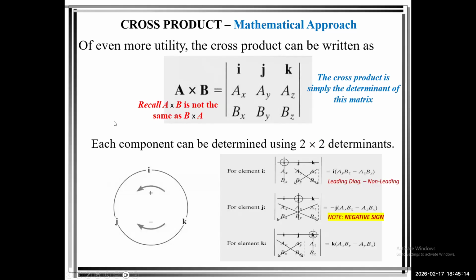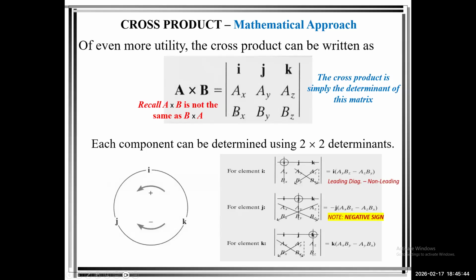So here now we come up with a cross product mathematical approach. In order to utilize your cross product, we go into what we call the 3D matrix. All right, where we say vector A times vector B gives you a 3D matrix. And so we write up the top I, J, and K. A here is always written up here, right?